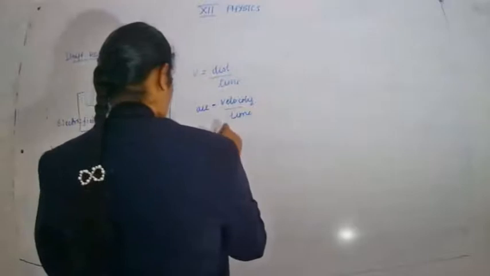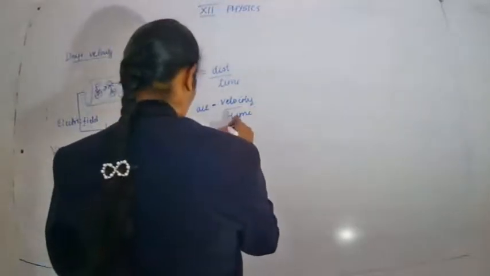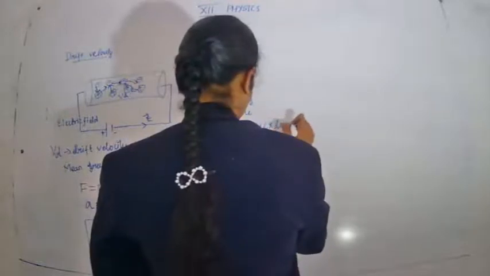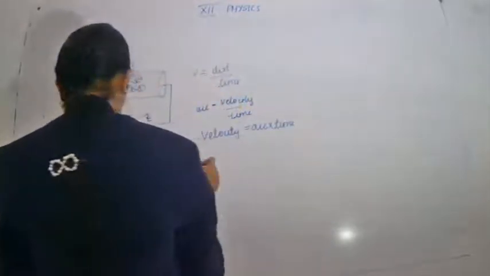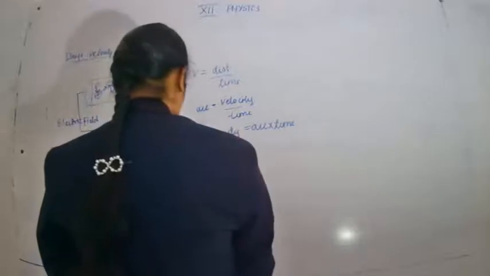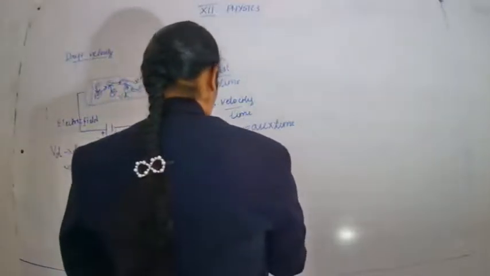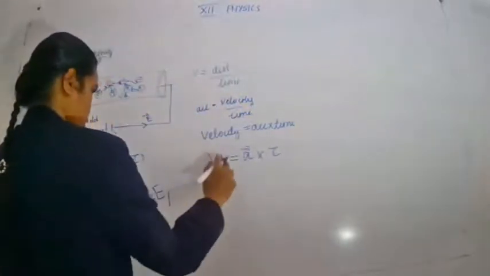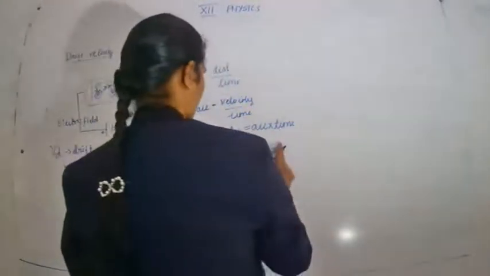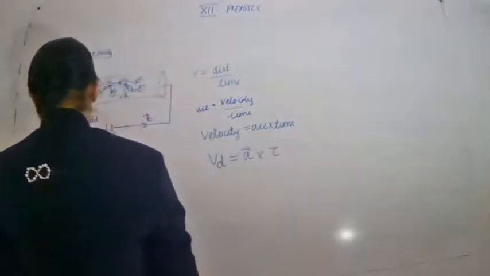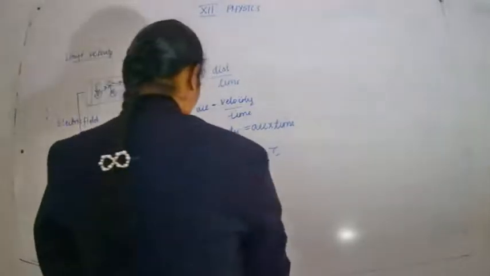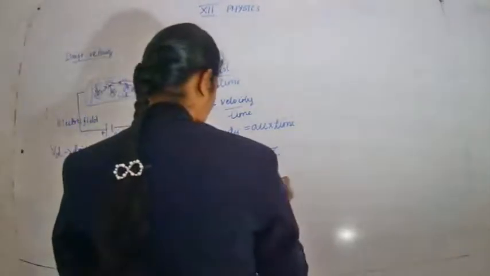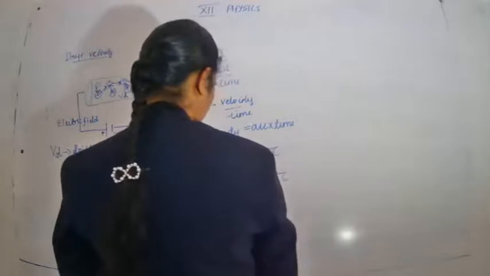So velocity is equal to acceleration into time. The drift velocity is equal to acceleration a into time tau, the mean time. Now write what a is: minus e E by m. So Vd equals minus eE tau by m.